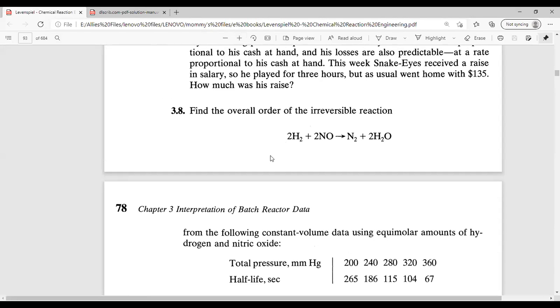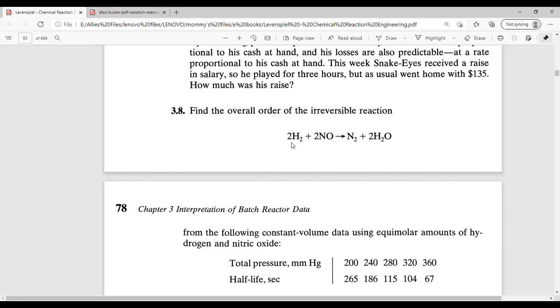You are required to find the overall order of the irreversible reaction of hydrogen with nitrogen oxide, forming nitrogen gas and water. The following data for a constant volume batch reactor is arrived at using equimolar amounts of hydrogen and nitric oxide.